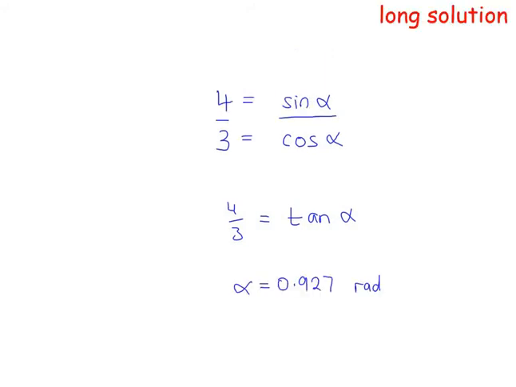So have your calculator in radians mode. This works equally well in degrees, so if you want the angle in degrees, have your calculator in degrees mode. So now we know r and we know alpha.